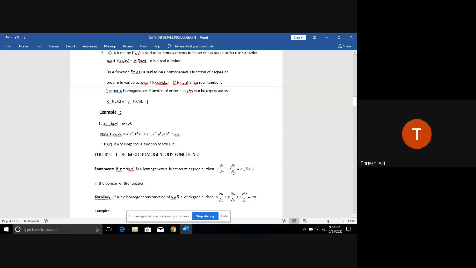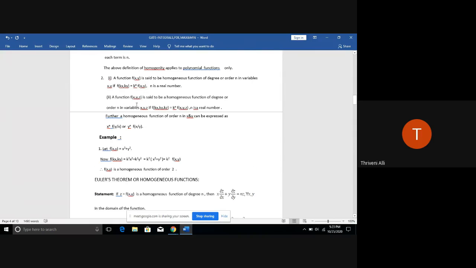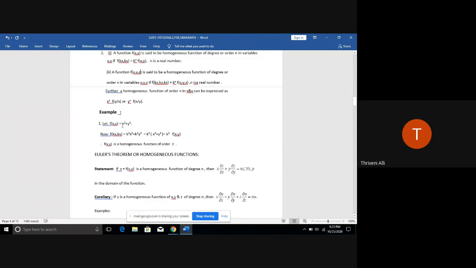So from the definition of homogeneous, we replace kx in the place of x and ky in the place of y, and substituting, taking k square common, x square plus y square, which is equal to k square into f of x comma y. So here we say that the given function is a homogeneous function of order 2. Okay.